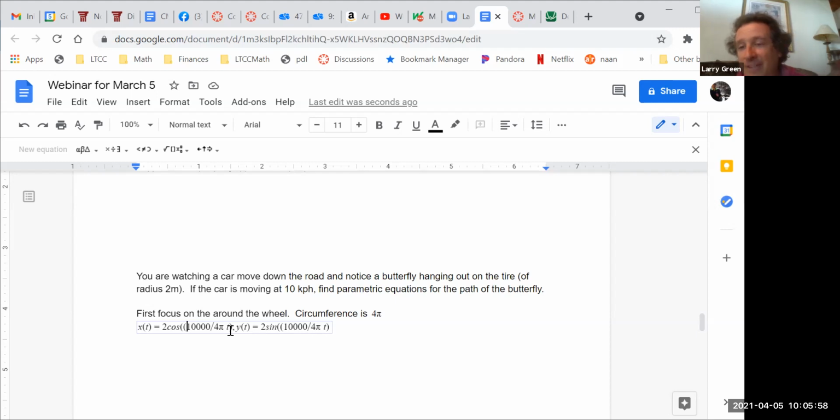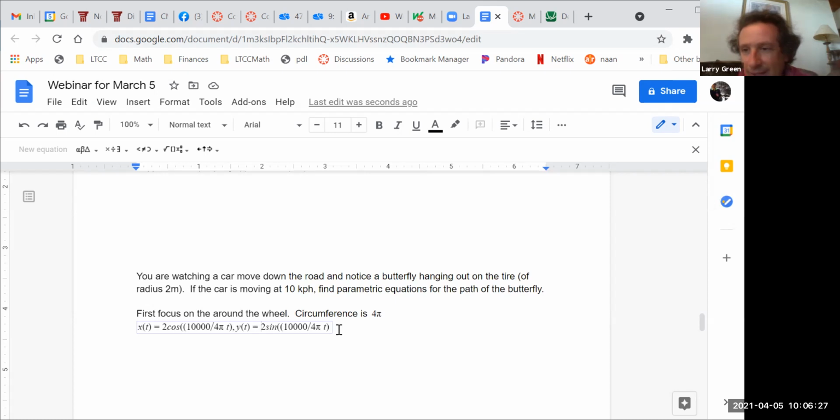Is this butterfly just moving along a circle, going like that, and that's all, if you're watching the car go? And the answer is no. The car's moving. It's flying down the road. Does that make sense? So I need to add in the motion of the car, or how the center of the tire is changing. Is that clear?